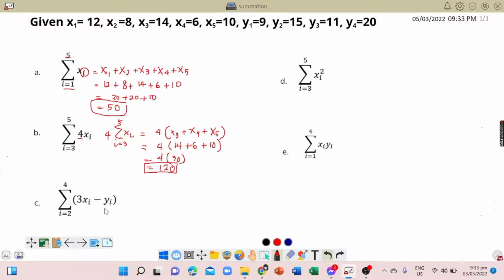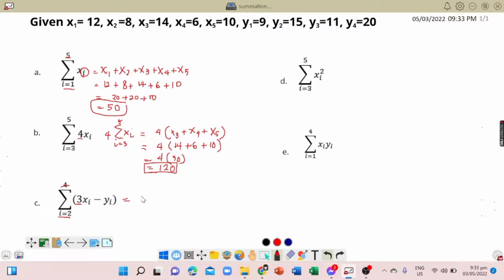Okay, so in this example, we have a binomial as our element. The starting value is 2 and the ending value is 4. So, what we will do is separate the coefficient of the first term, which is 3.